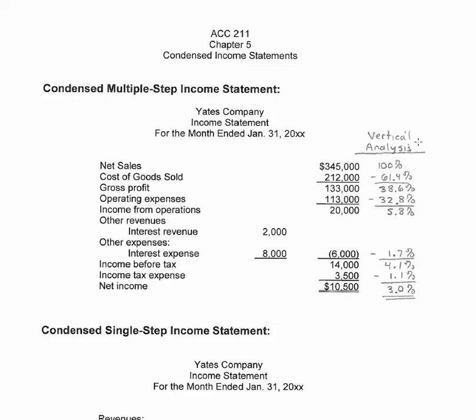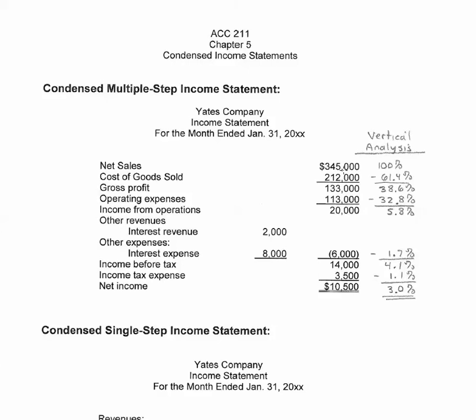With the income statement, there are actually scores and scores of ratios you can do to evaluate how well the company is performing. And in virtually all of those ratios, the net sales number is set equal to 100%. And then every other line item in the income statement can be expressed as a percentage of net sales.